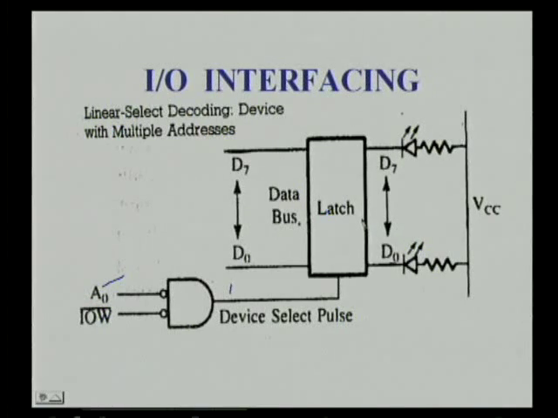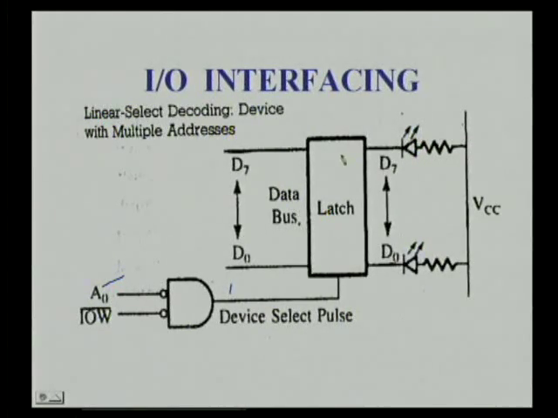So this data activates the output device. In this particular case LEDs are used. So, for example, if the D7 line is made 0, since it is connected to the cathode of this LED, and its anode is connected to VCC, there is a potential difference and current flows through this LED and it glows.